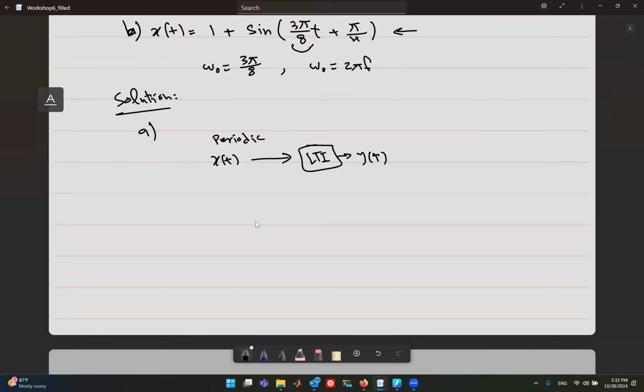If we want to write the output yt in terms of a Fourier series, and the coefficients of this xt are ak, then the output will be written as ak times the frequency response of the system, times jk omega naught t.